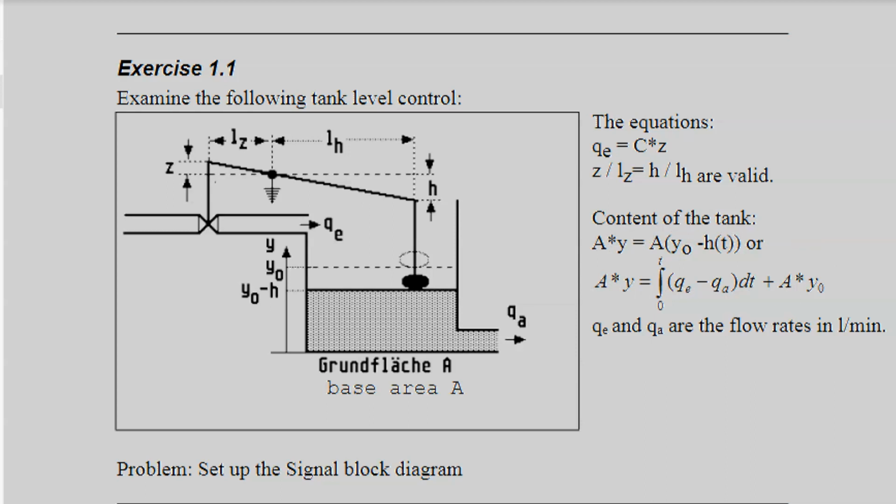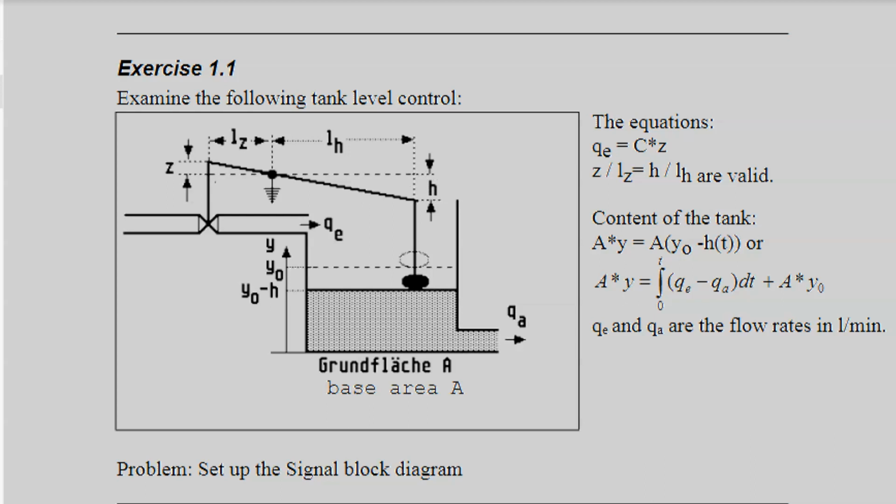The content of the tank is just base area A times height. Height is, the actual height is Y, desired height is Y sub O, and here I want to calculate the difference to the desired value and call this difference H. If H is 0, then we have reached our desired value.